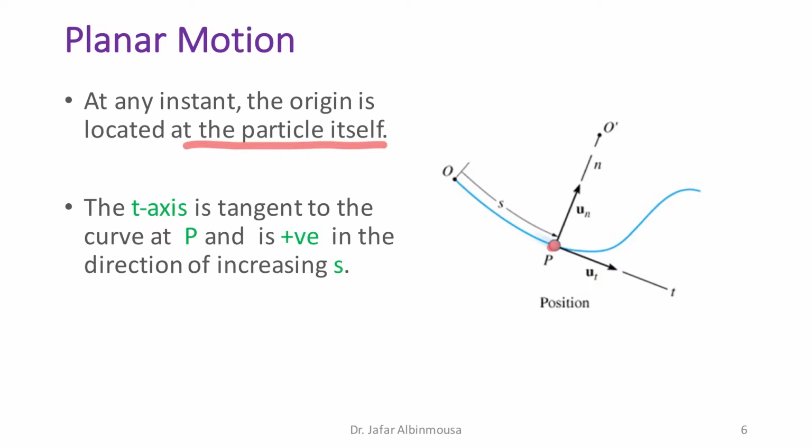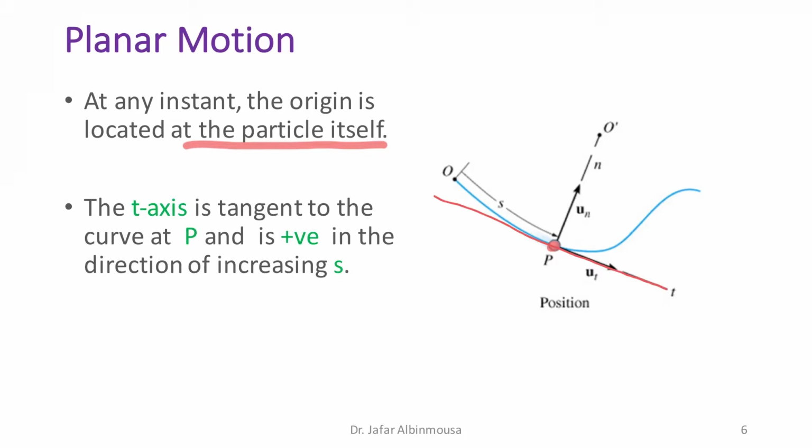The next thing is the tangential axis. The tangential axis, which is the t-axis, is determined by establishing the tangent at a given point. So at this point, we need to draw the tangent. So this is the tangent to the curve.